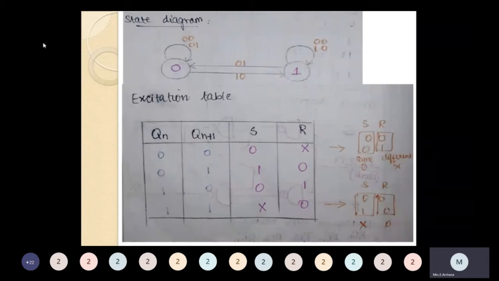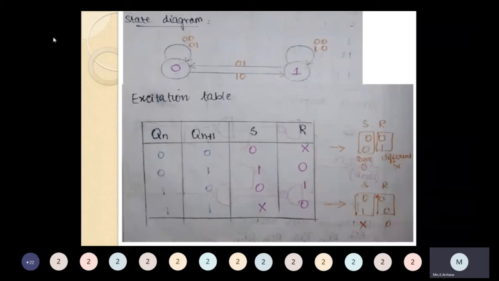The inputs are 0, 0 and 0, 1 here. So my S value is the same, 0, so I put 0. But my R value is different, so I put X.